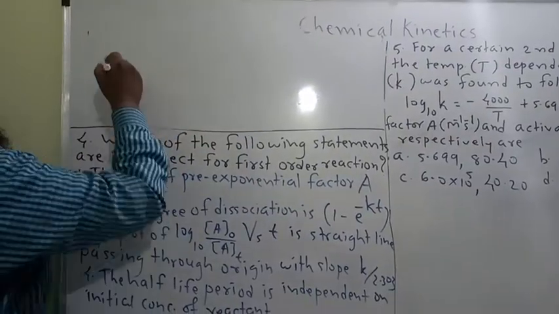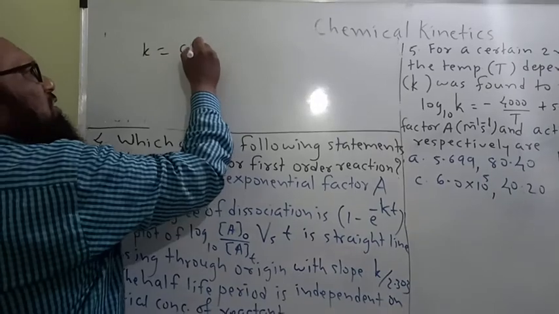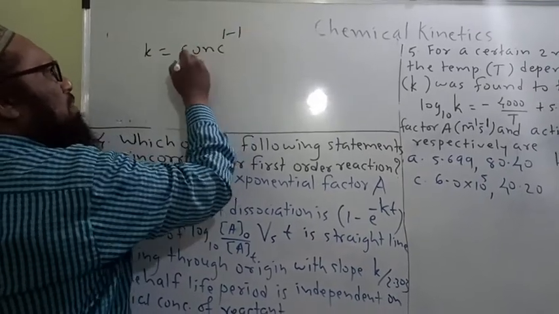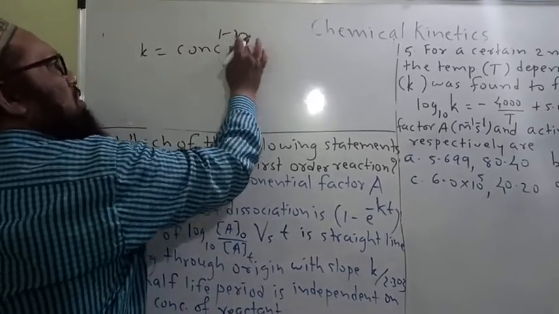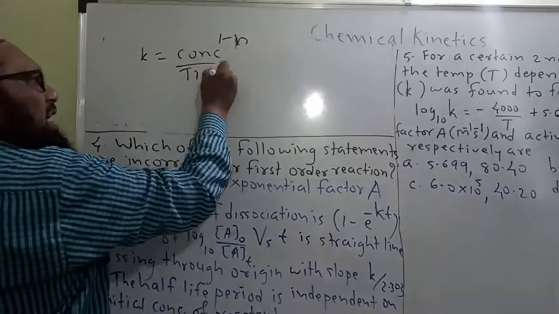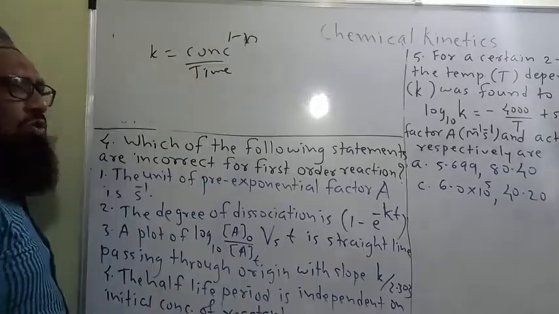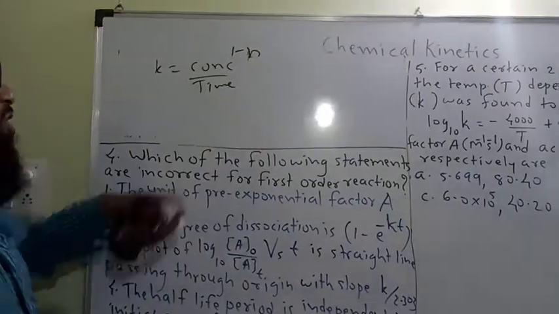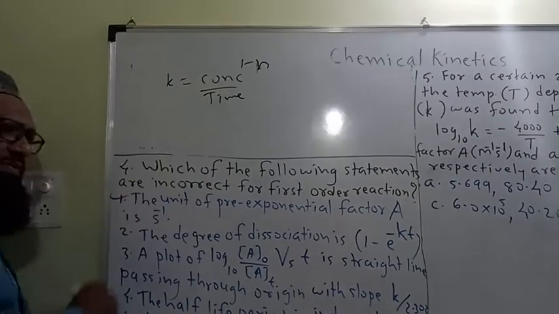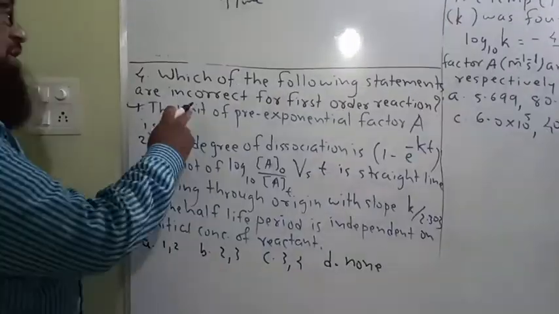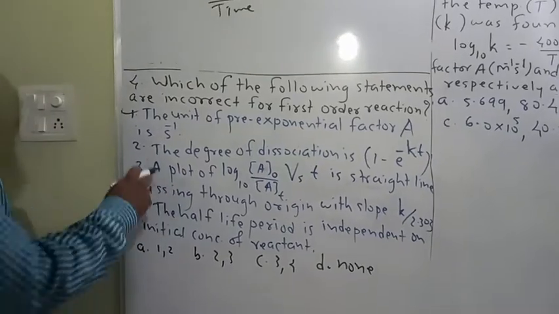I just mentioned earlier, unit of k is equal to concentration raised to 1 minus n upon time, where n is the order of reaction. So 1 minus 1 is 0, concentration raised to 0 is 1, so 1 upon time, per second. This is a correct statement. We have to find the incorrect statement.